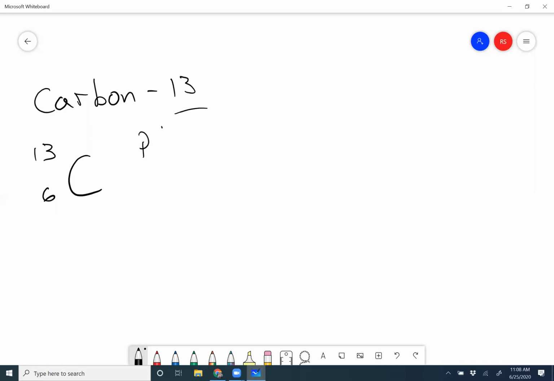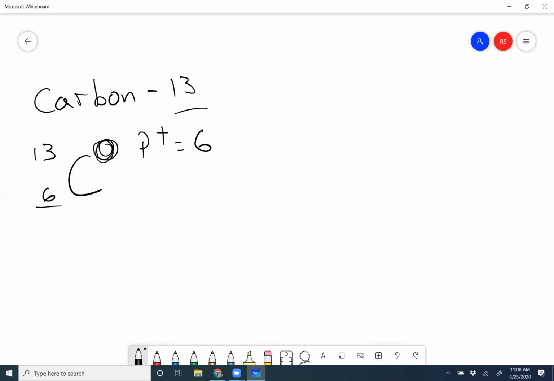So the protons is always the atomic number. That's 6. The charge is up here, but there's no charge, so we just assume that's 0. Carbon normally doesn't like to have a charge. So that means the electrons are 6, because they have to add up to be 0.